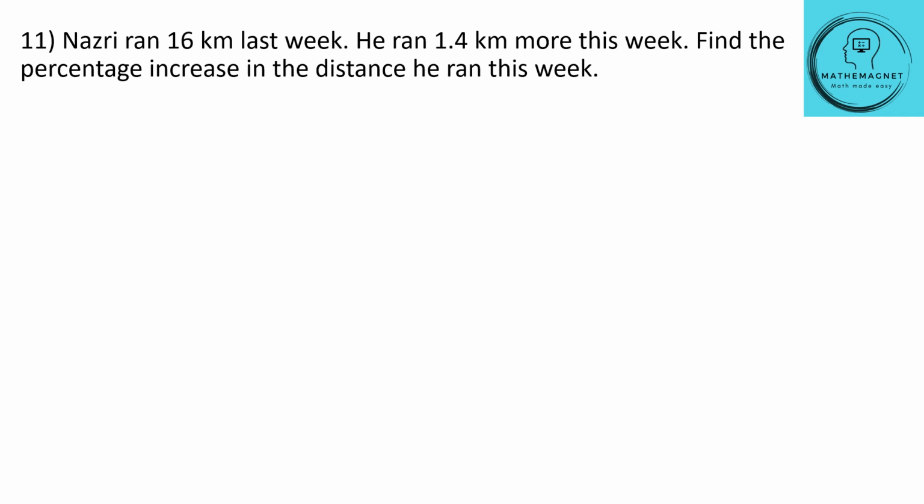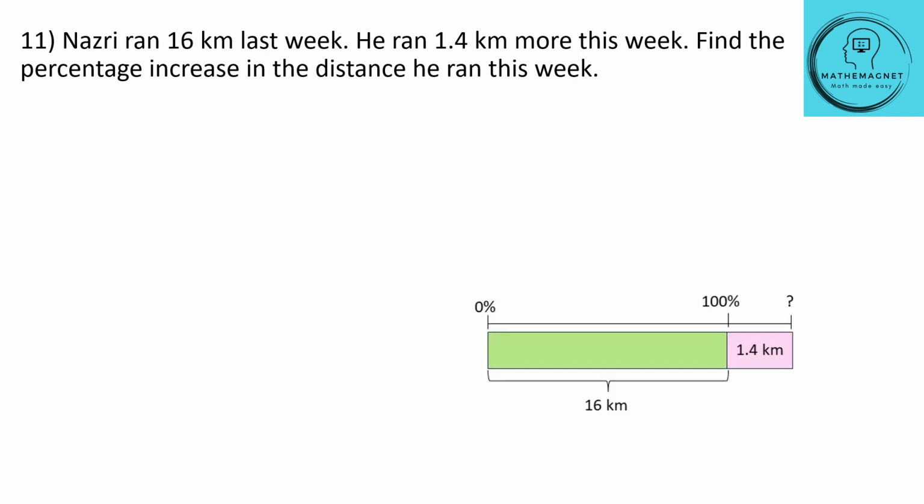Let's begin by drawing the bar model. This is your 100%, which is your 16 kilometers. That's your base value, which was run last week. He has run 1.4 kilometers more this week. So basically he has run 17.4 kilometers combining last week and this week. Anyway, that value is not required in this question. So this week, what is your percentage increase?